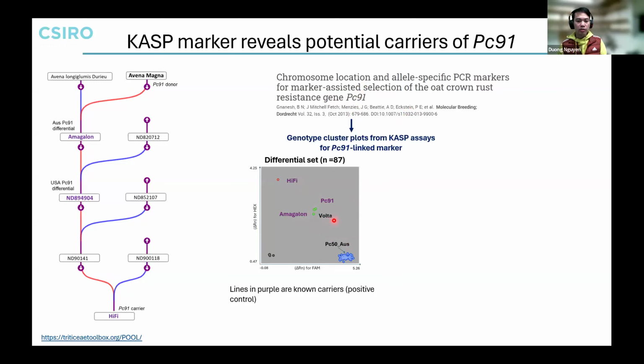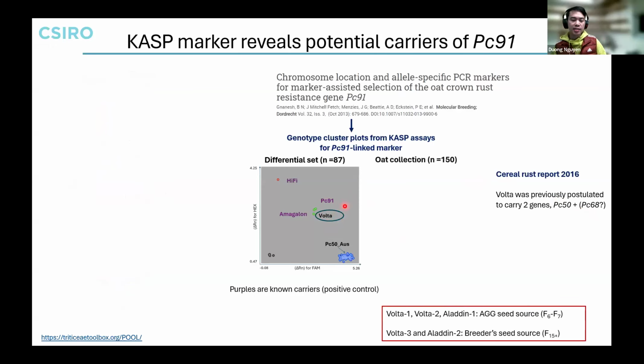Here we also identified Volta as heterozygous for a copy of the resistant allele. Before, Volta was postulated to carry two genes, PC50 and maybe additionally PC68. However, this is the first time Volta was identified as a PC91 carrier in Australia.